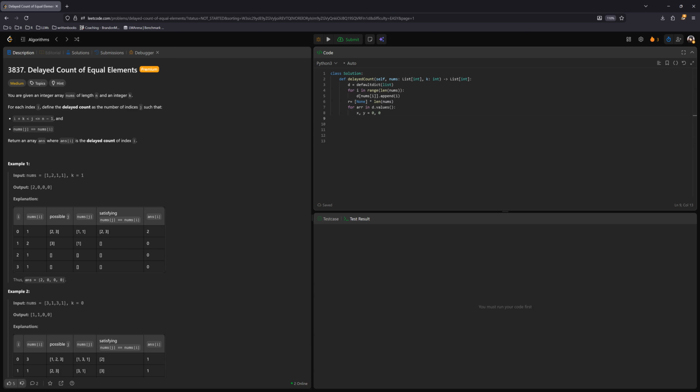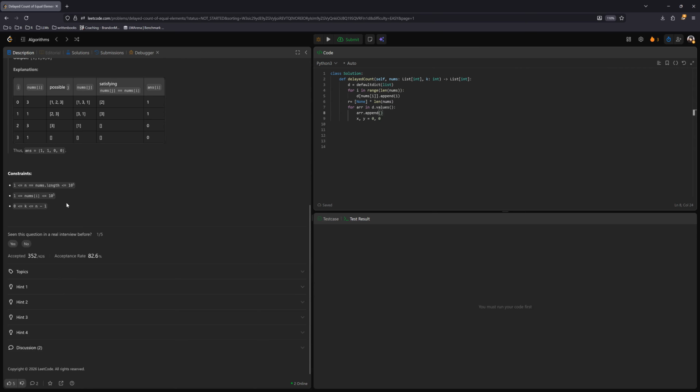Okay, and then arr.append something that's going to be always bigger. So what is the maximum k? I don't know, 10 to the 8th or something. Something so big that it's never going to hit.